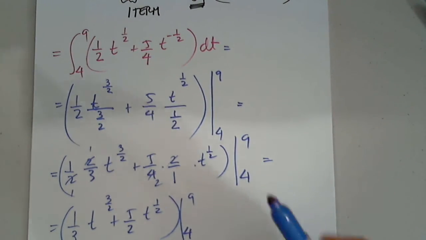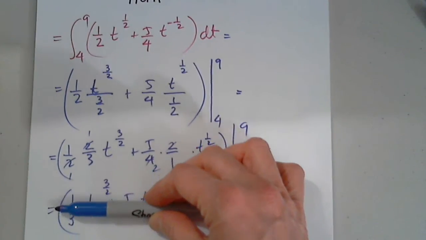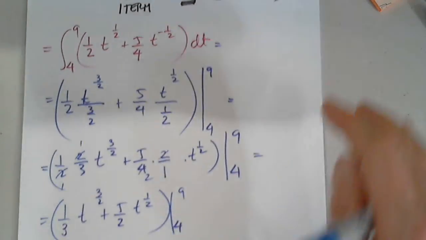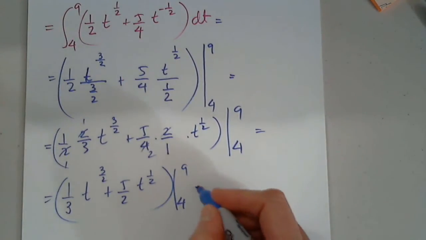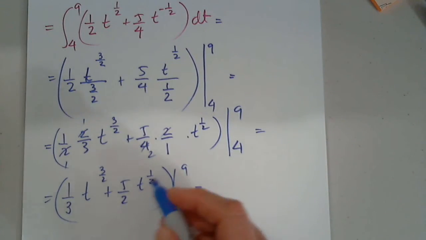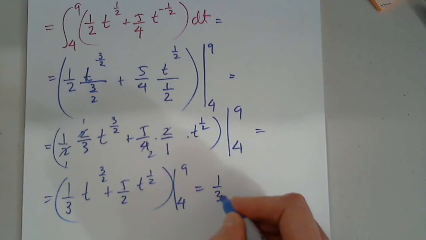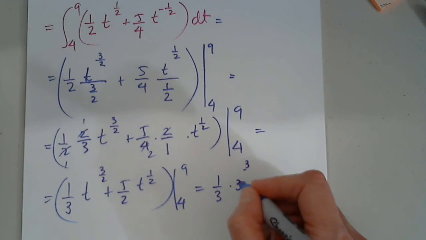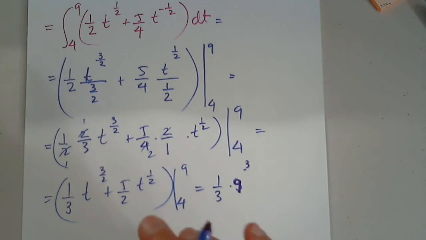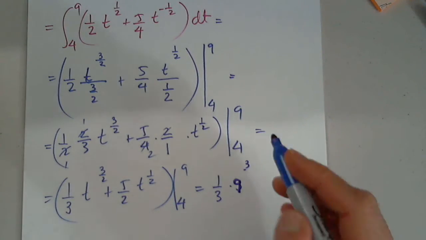Yes, I know I write big, but look at how many steps I needed to clean this up. So finally I have to plug in 9: 1/3 times 9 to 3/2. I don't want to simplify it yet. It is the square root of 9, which is 3, but I don't want to simplify it first.